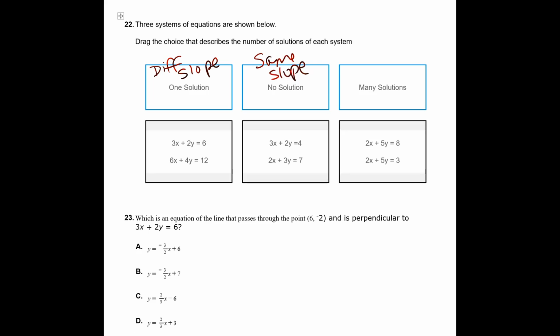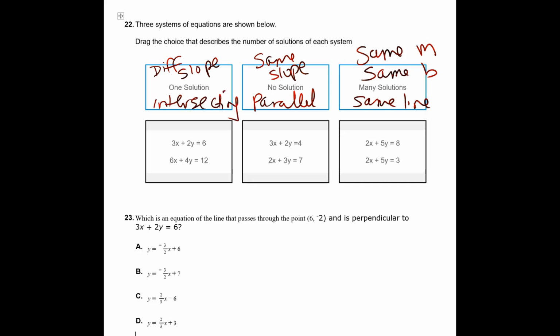If we have the same slope and the same y-intercept, we have the same line, which means infinitely many solutions. Same slope, same b. So: same line, parallel, intersecting.